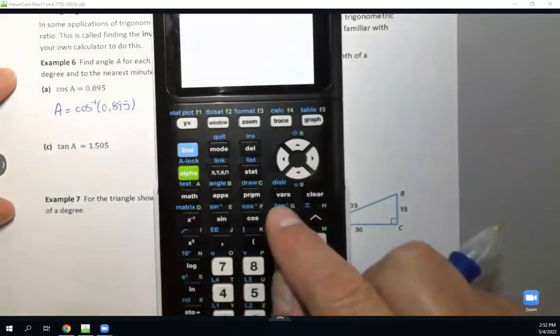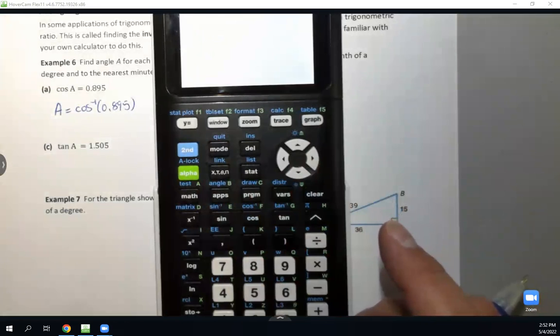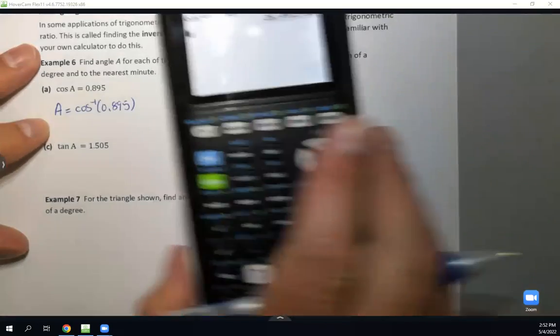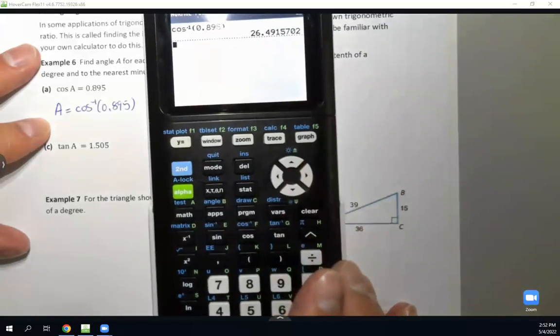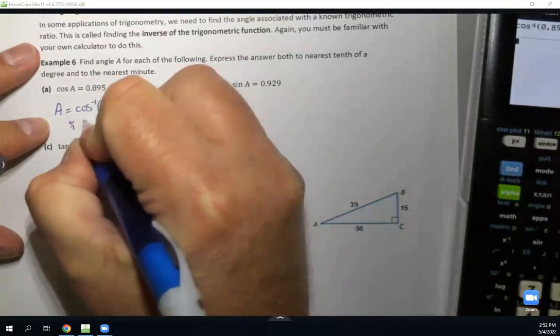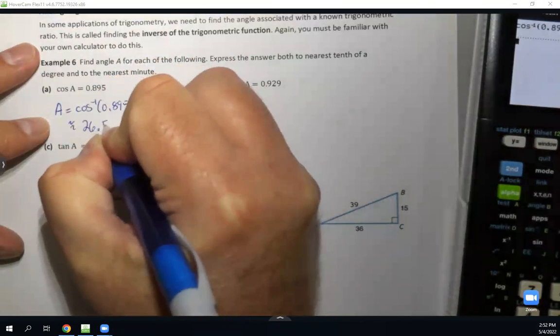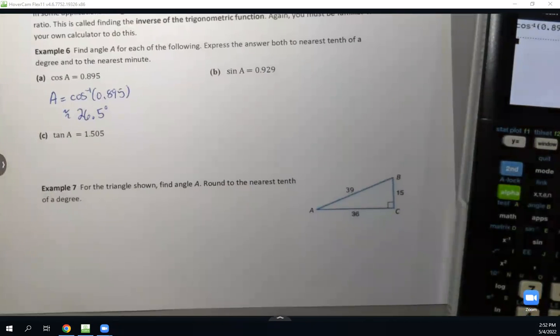So if I do inverse cosine of 0.895, again, I'm in degree mode, that is about 26.4915, blah, blah, blah. So to the nearest tenth, that would be about 26.5 degrees. Everybody okay with that? Okay.